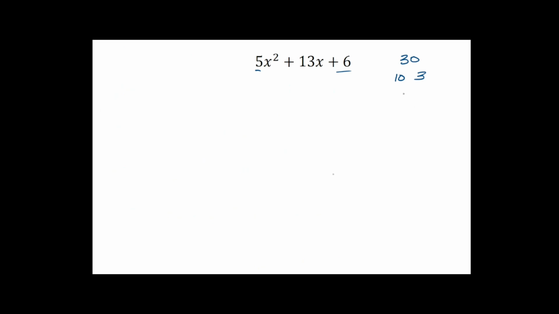Mind, though, that there is a little trap here. 15 and 2 could conceivably get us to 13. But notice that 15 and 2 is 17. We would need that to be a negative. But when we multiply that together, we would get a -30. So it's not that.